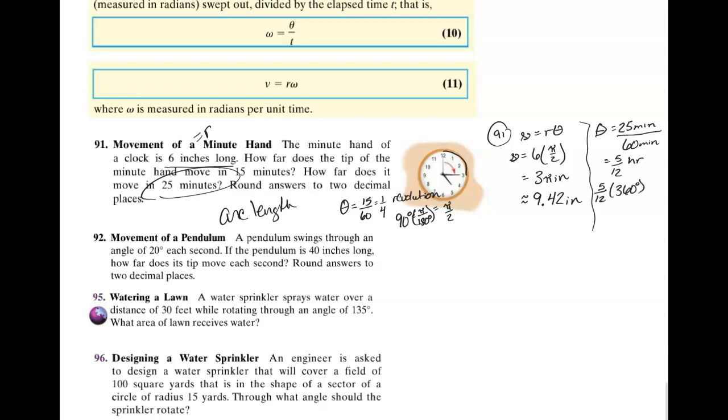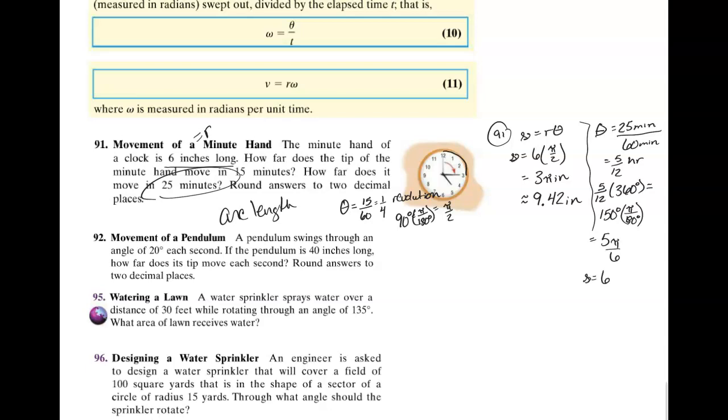One revolution is 360 degrees. So how many degrees is that? That's 150 degrees, but we need to, once again, turn this into radians. So we're going to end up with 5 pi over 6. So remember, S equals R theta.